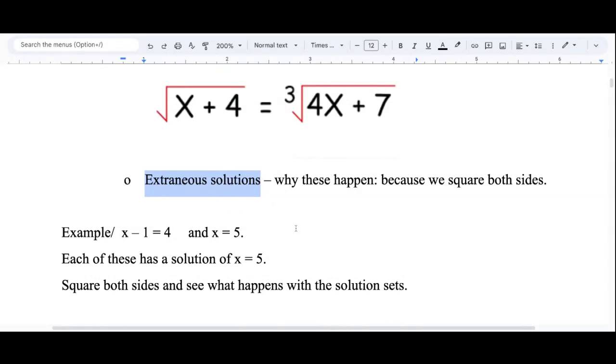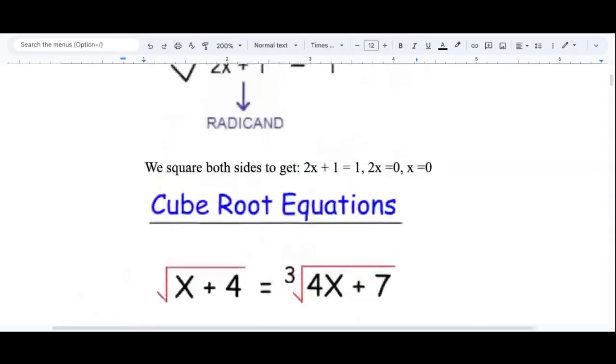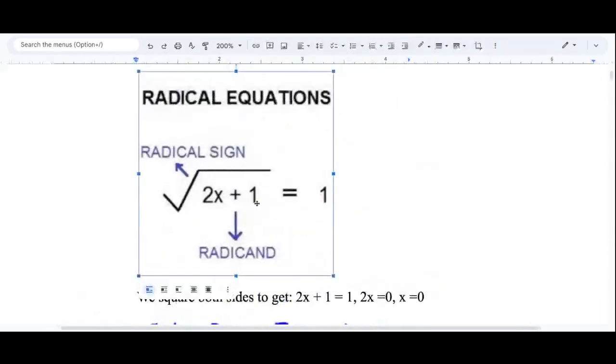Because when we square both sides, like this one, but this one is special, we don't get an extraneous solution. But sometimes if you have something else, we get an extraneous solution, which means when we square, the square changes negative to positive, right?